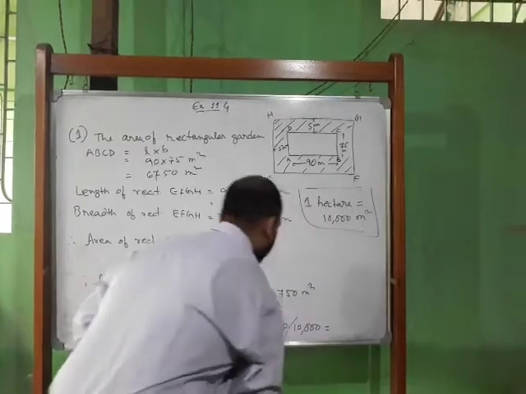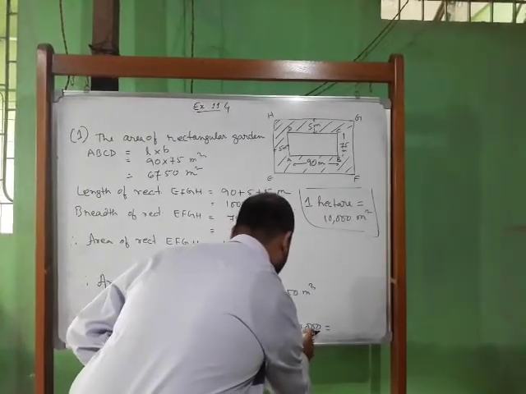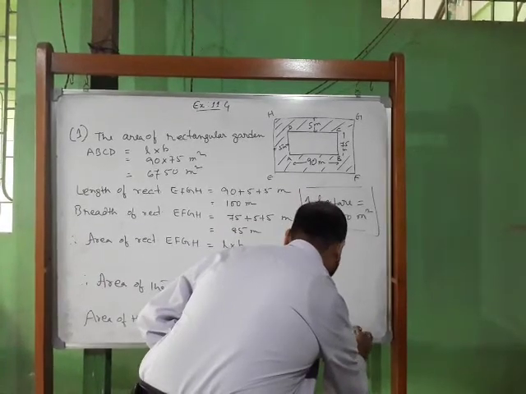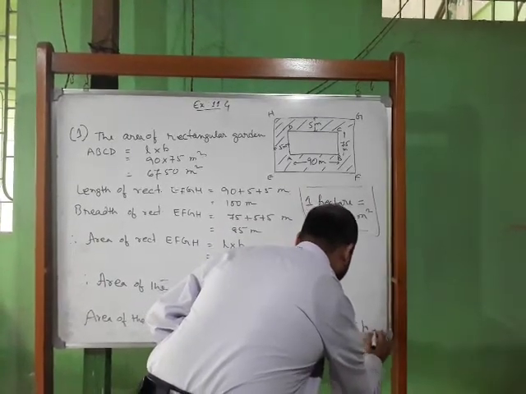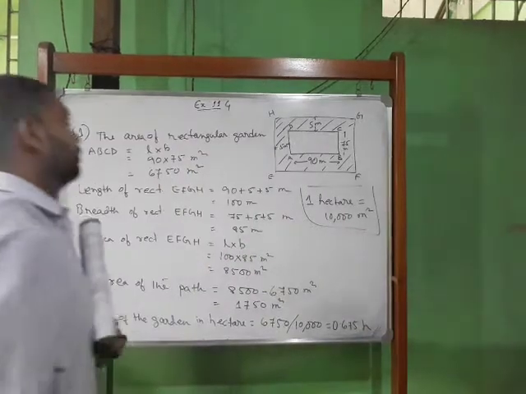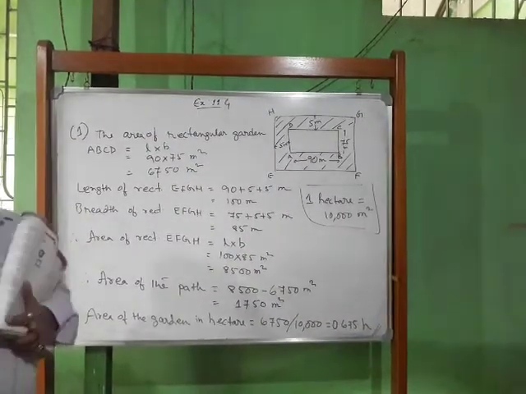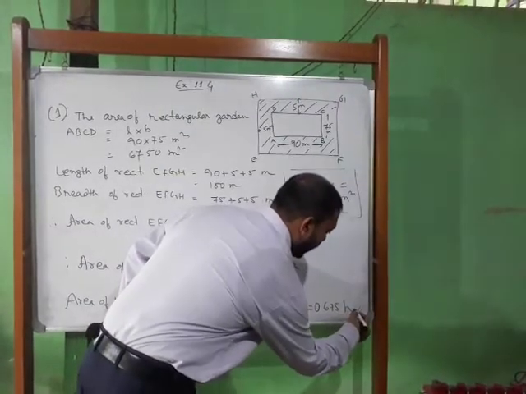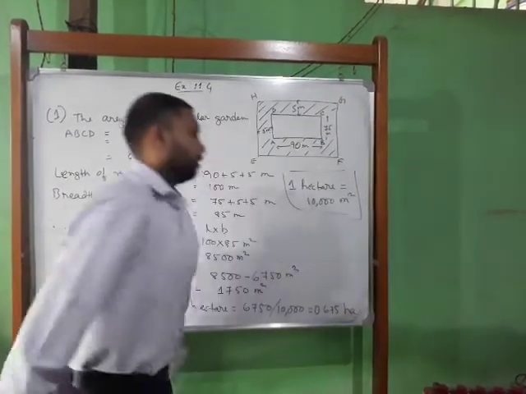The answer will be 0.675 hectare. So this is all about question number 1. The unit will be hectare, which is HA.